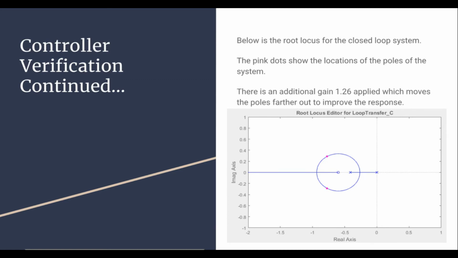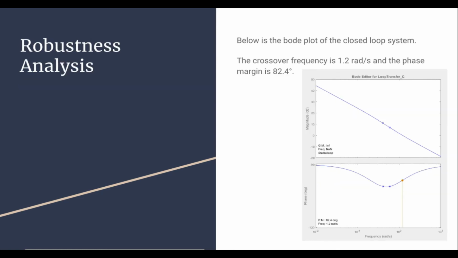We will now talk about the robustness of our system, because our system seems to be very adequate, because at no gain will any of the poles enter the right half plane. As you can see, the phase margin only gets better for our system as you increase the gain.